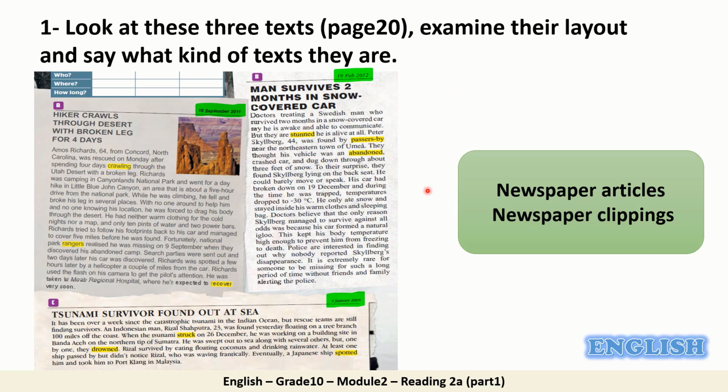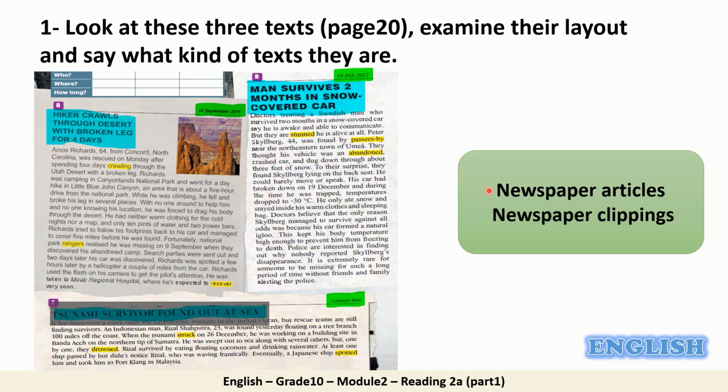What else? What makes you say they are articles? Exactly, because they have headlines. Very good. So each article has got its own headline. Text A, text B, and text C. Good job.